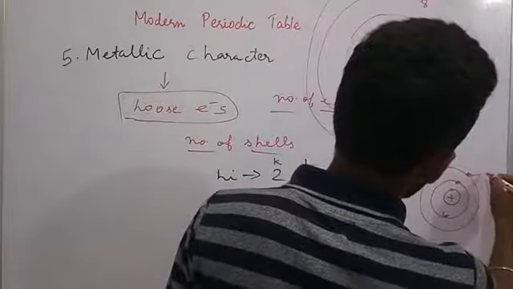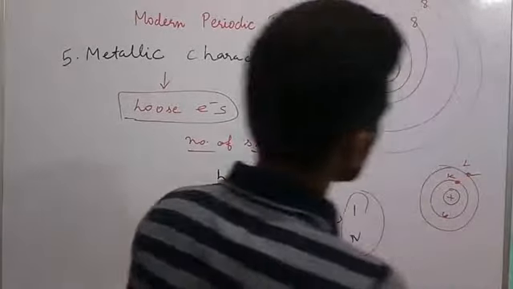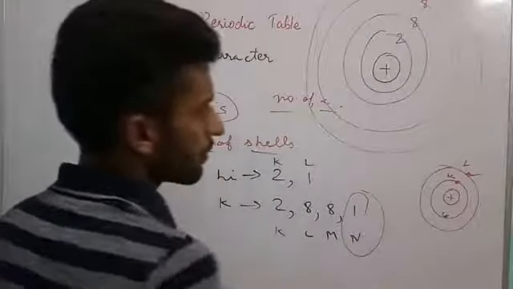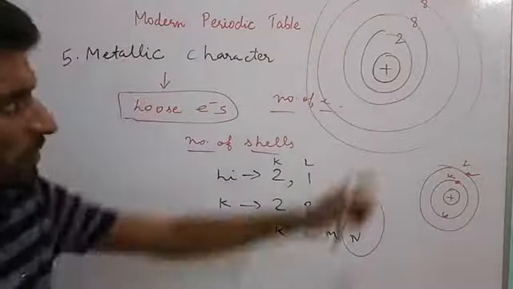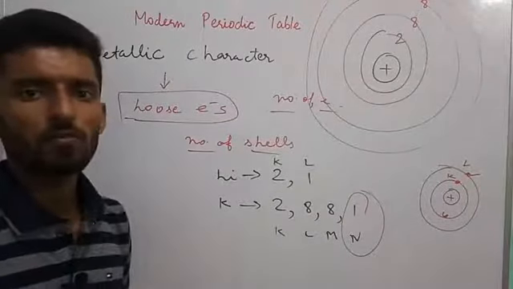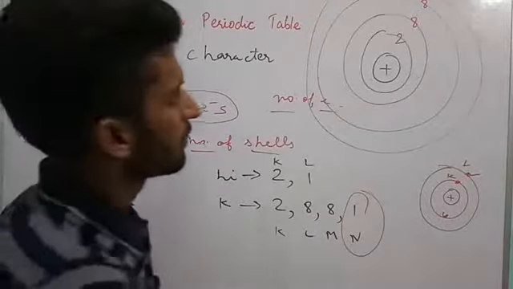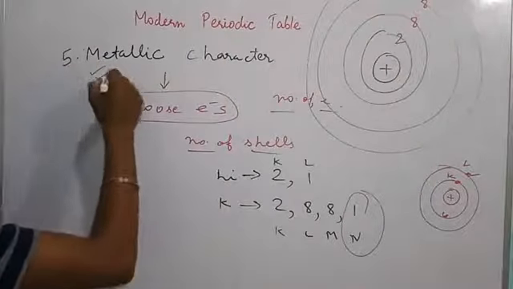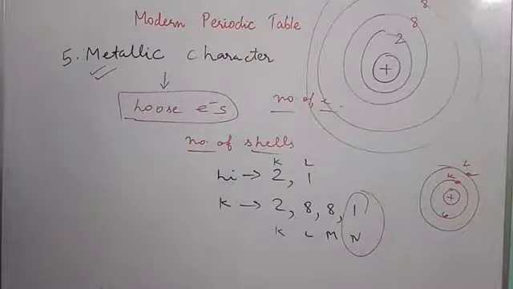Lithium is having 1 electron in the L shell, this one is having 1 electron in the N shell. So distance is more here or there? Naturally here in case of potassium, so force of attraction weakens, as a result electron is easily lost, and hence metallic character is more in case of potassium and less in case of lithium.